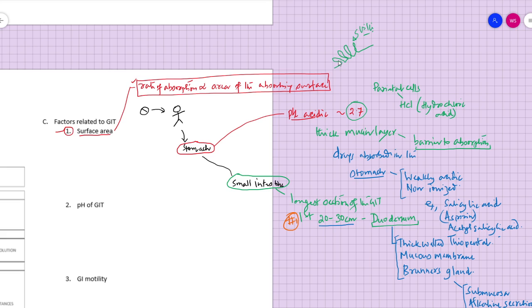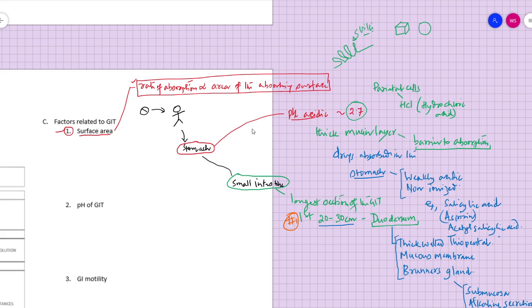If the membrane is folded, the surface area increases. Suppose you have a cube, and with the same volume you make a sphere; the sphere would have greater surface area. So anything rounded has increased surface area. That's why, in that limited length of the jejunum, the surface area is massive, and that's why there is maximum absorption.